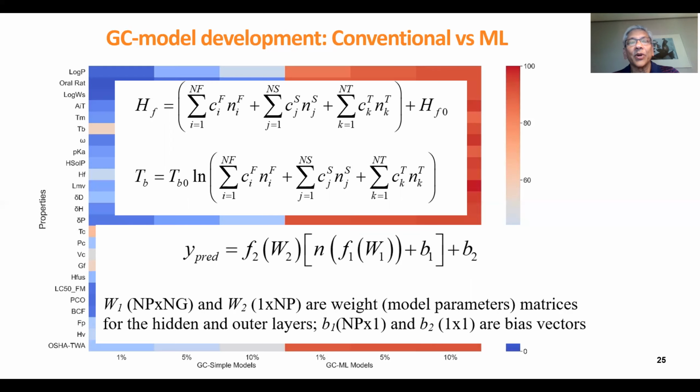And NG is the number of groups. So what we can see is that to do the same calculation with machine learning, we need at least NP equal 20 and NG equal 424. So 20 orders of magnitude more parameters we need in order to get the 1% accuracy. And it is not a simple expression, it's a complex expression. If one writes those equations, it may need 3 or 4 pages to write those expressions.